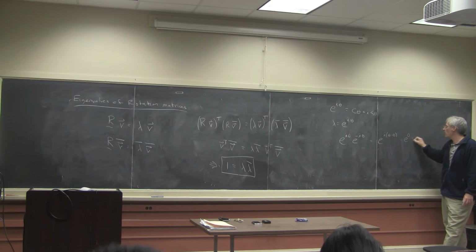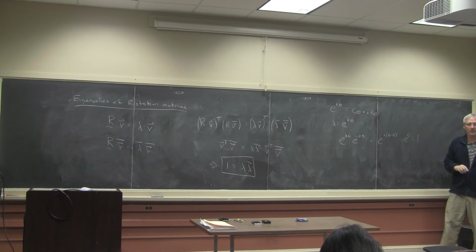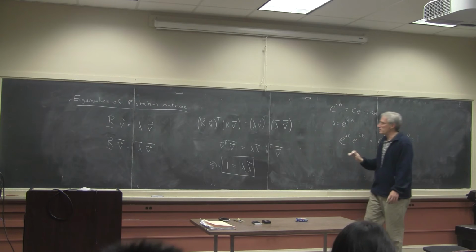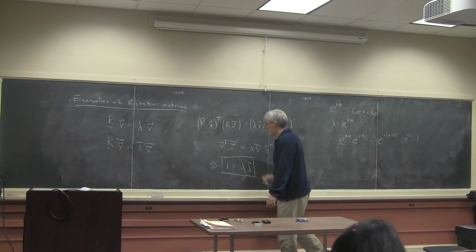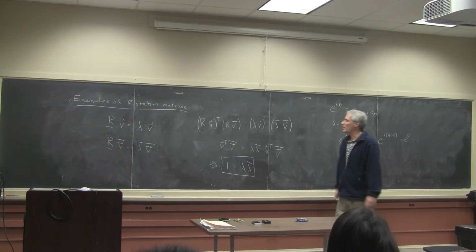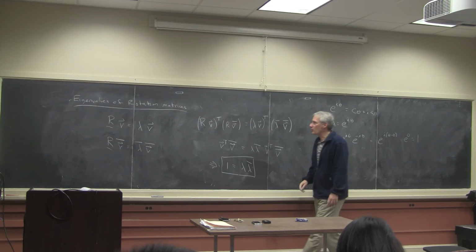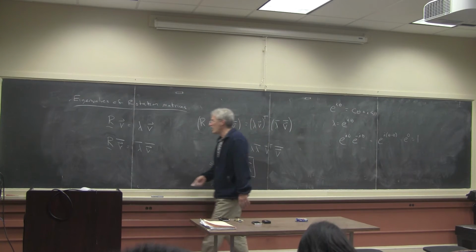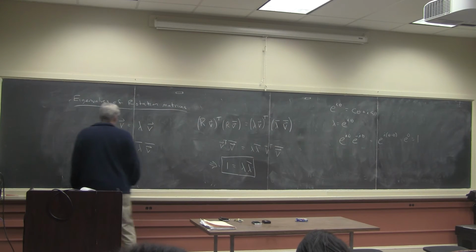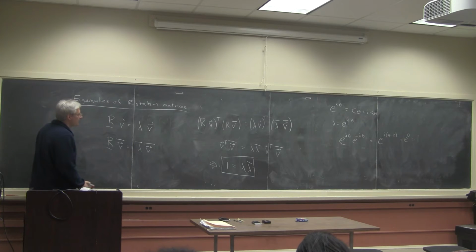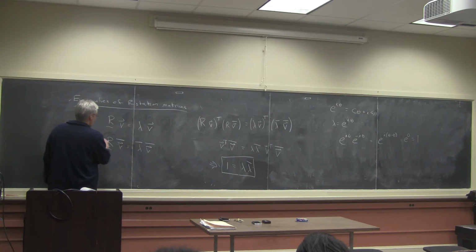So e to the 0 is 1. So it turns out that the only eigenvalues of a rotation matrix have to be of this form. So then the question is, what is theta? How is theta related to the rotation matrix? Well, there's one degenerate case, and that's theta equals 0.